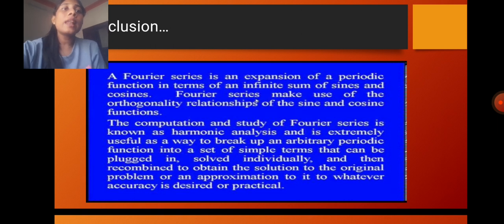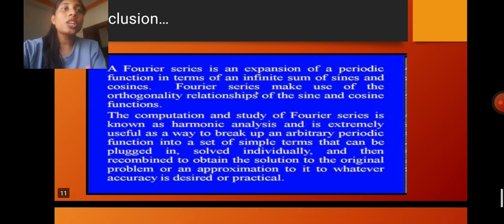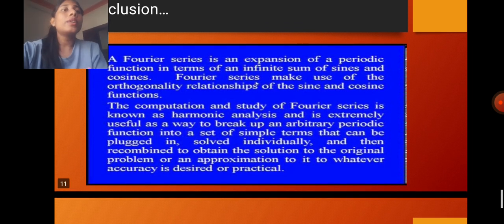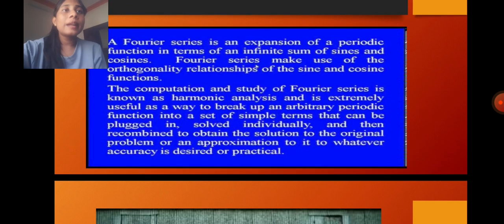It is extremely useful for breaking up an arbitrary periodic function into a set of simple terms that can be solved individually and then recombined to obtain the solution to the original problem or an approximation to it. Without practice, the Fourier series of a periodic function will become a little tough.